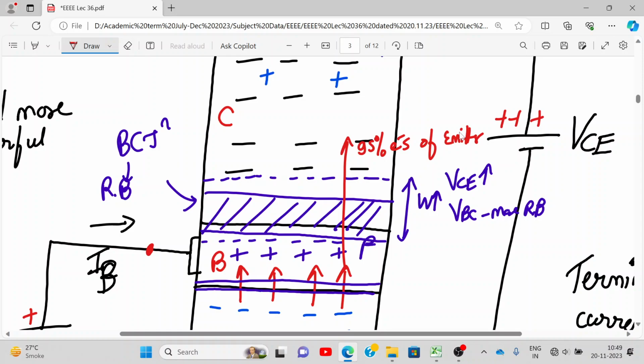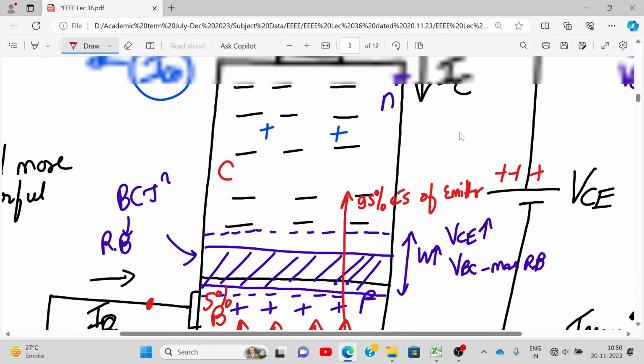Where are the other electrons? Some are lost in recombination at the base terminal. Only 5% of the electrons are spent in the base region, and 95% flow into the collector.